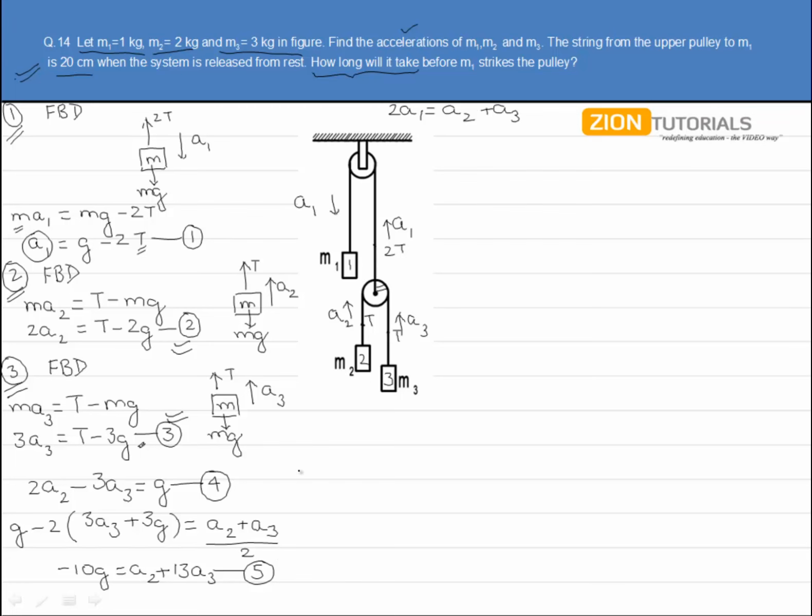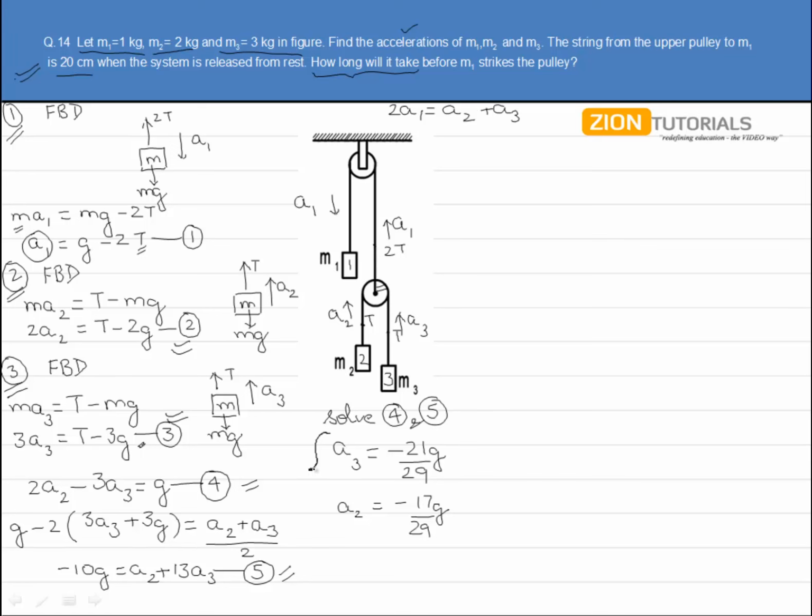Now, if you notice carefully, we have equation number 4 and equation number 5 in two variables a2 and a3. So let us solve equation number 4 and equation number 5 to get a3 equals minus 21g over 29 and a2 equals minus 17g over 29.